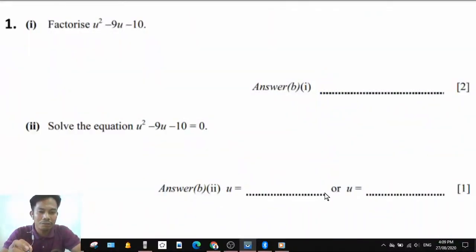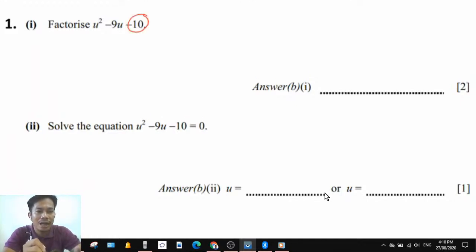Basically, if you want to factorize this, I can use mental math. Okay, and I'm going to ask myself, what are the factors of negative 10 that when I add, it will become negative 9?